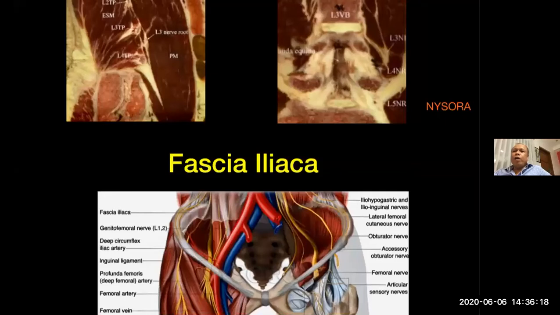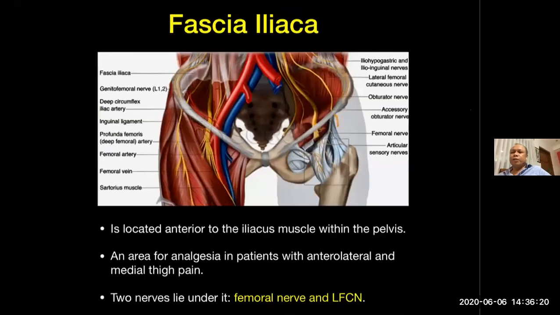Now, another way also of approaching this, especially if we are dealing with an individual nerve, is also, for instance, if there is no pain in the middle portion of the thigh, so we might just be approaching a femoral nerve or lateral femoral cutaneous nerve. So the other way of doing it is by approaching it through what we call the fascia iliaca.